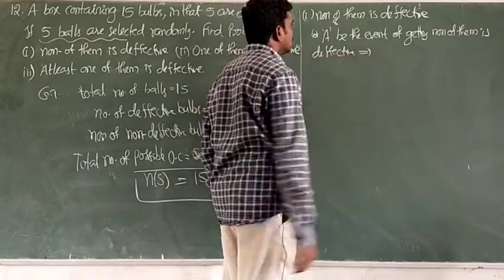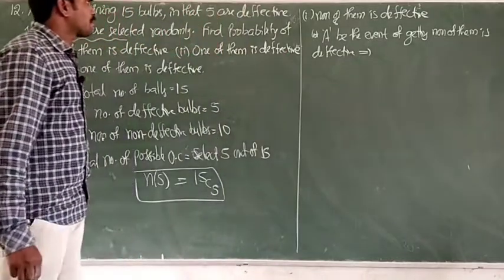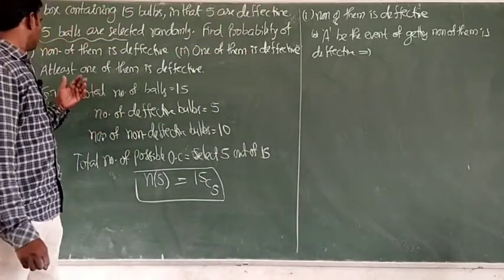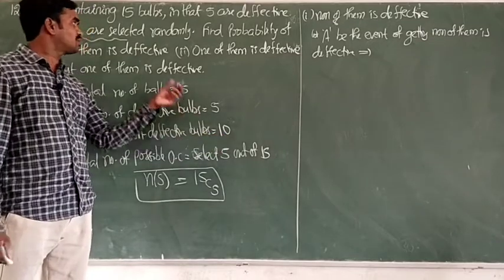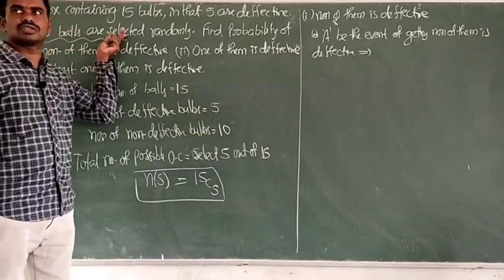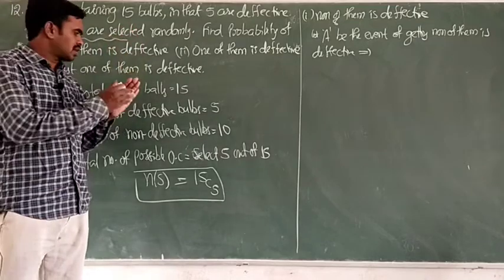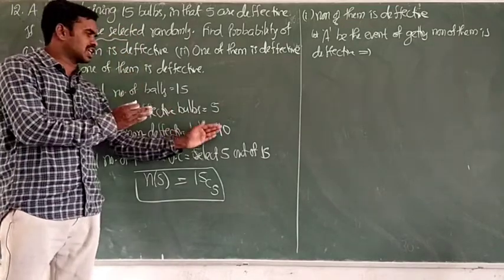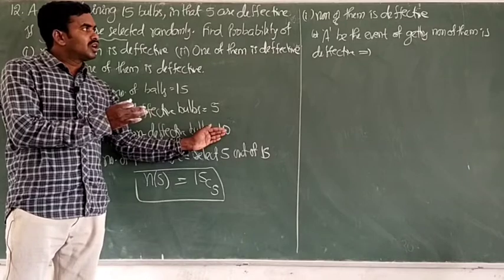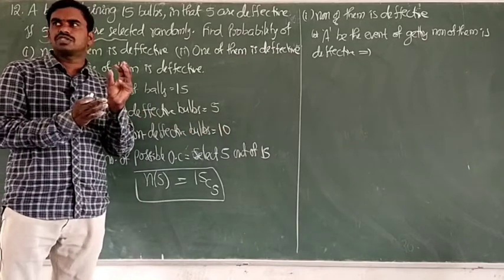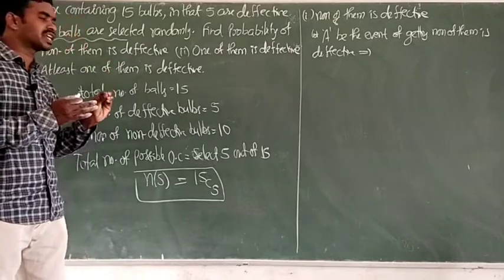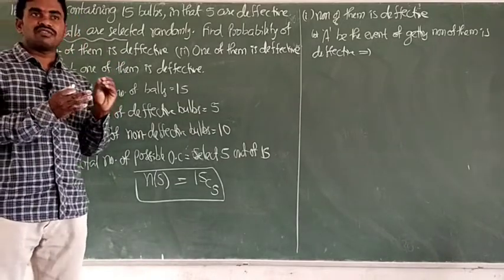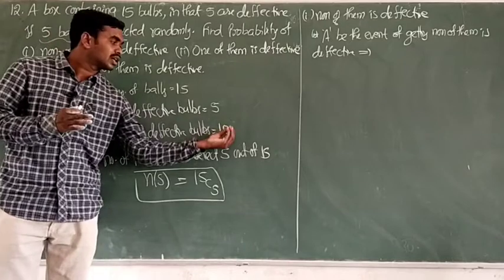That means actually none of defective bulbs, there are 10 bulbs. So we have to choose only 5 bulbs. If we select 5 bulbs, those 5 must be non-defective, then 5 must be taken from 10 non-defective.